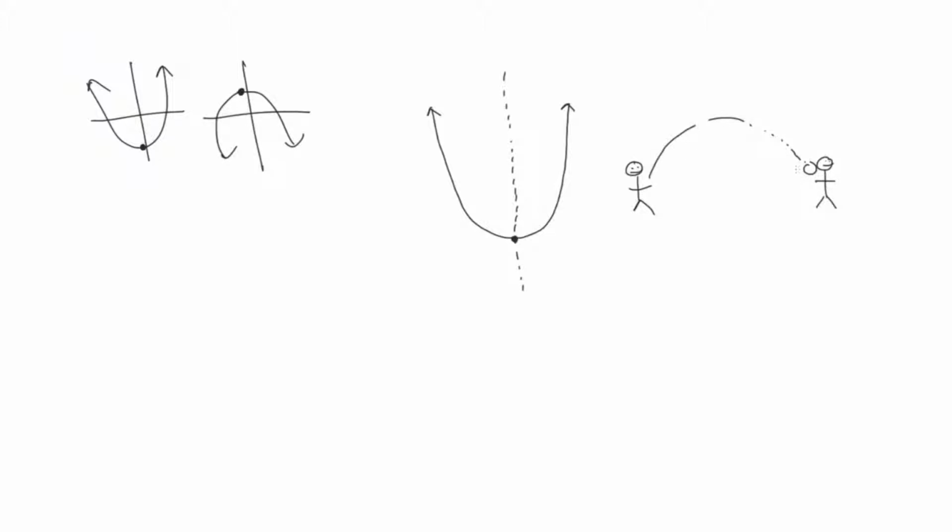If I toss this to you, then it takes a parabolic form, right? Well, let's say I make this into an axis. I can ask you a few different types of questions.